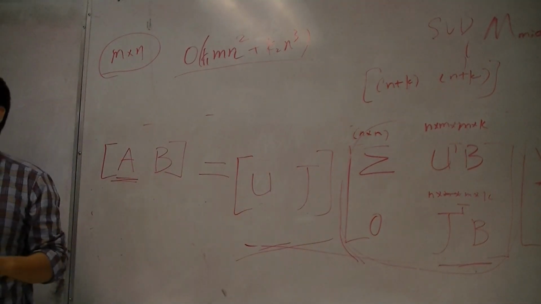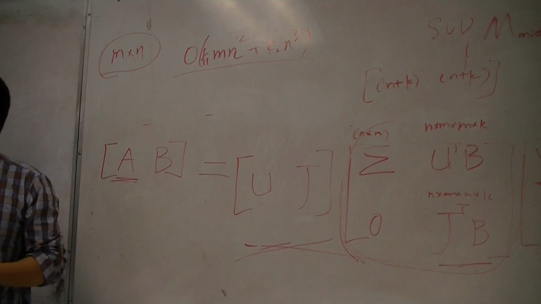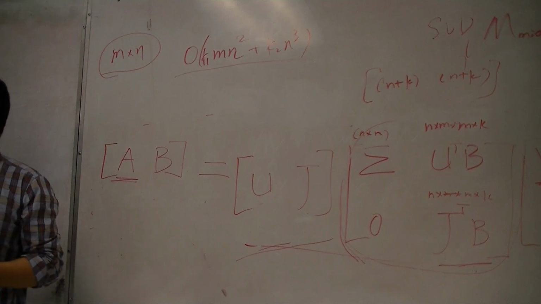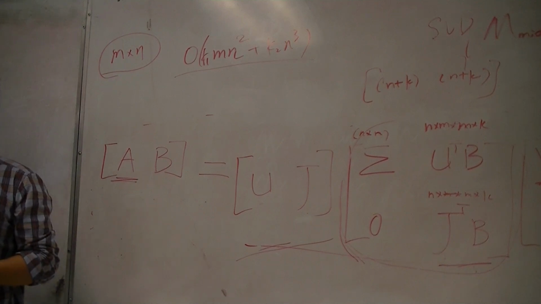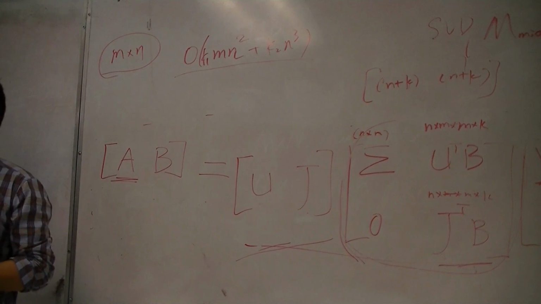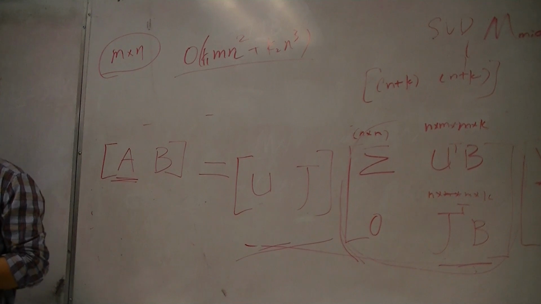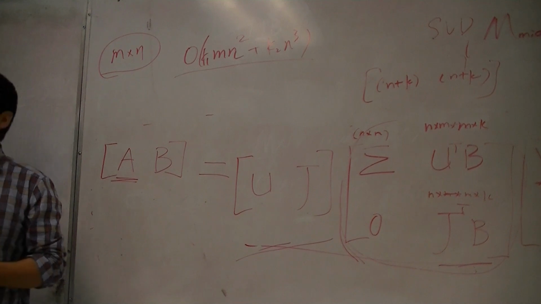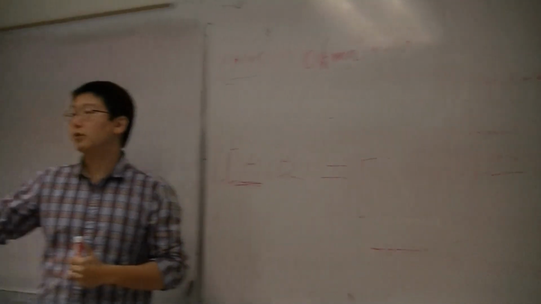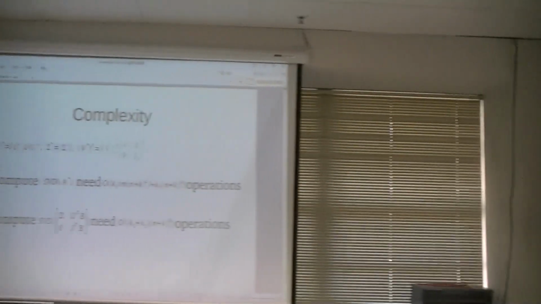A star is our original matrix. We want to calculate the SVD of it, but that matrix is the smaller matrix, and the number of operations is different. Keep in mind that m is much greater than n, and n is also greater than k.